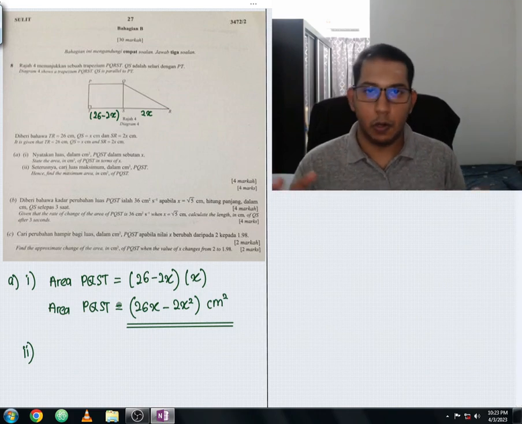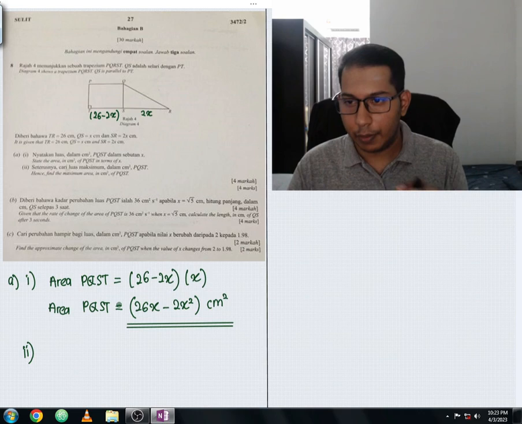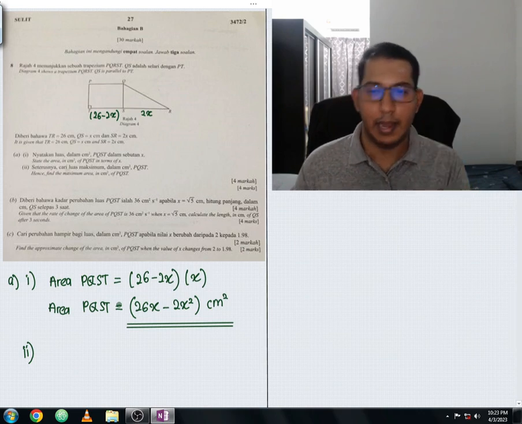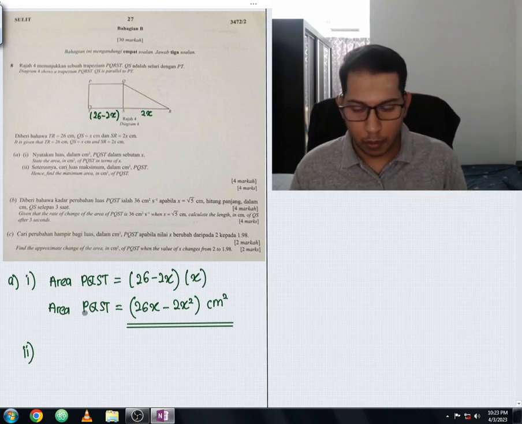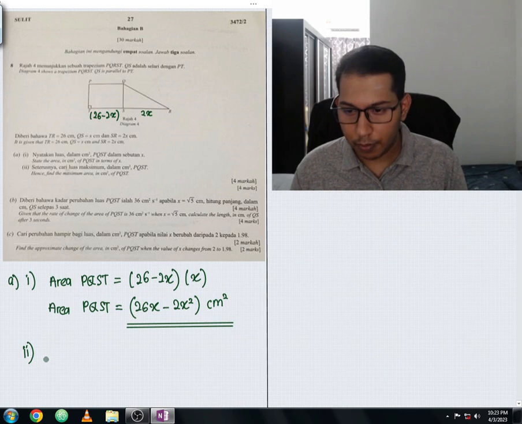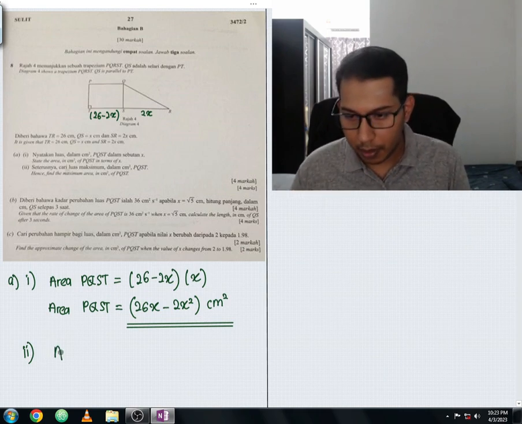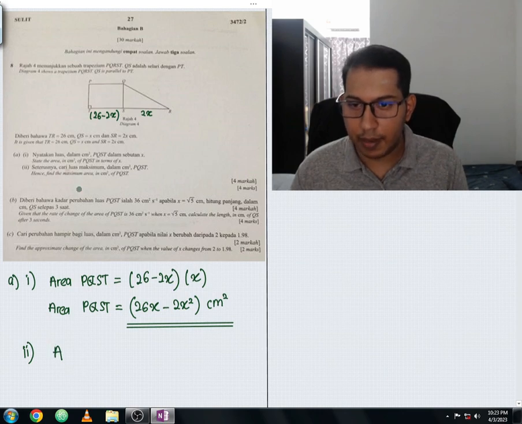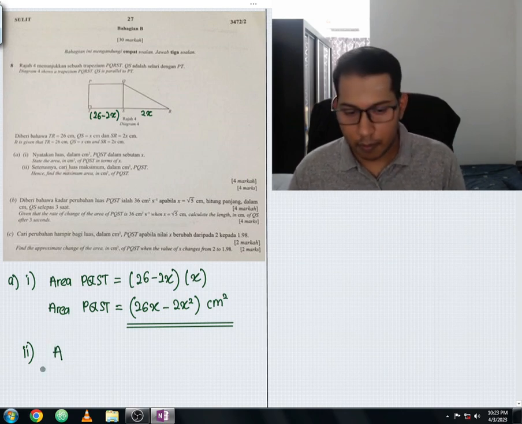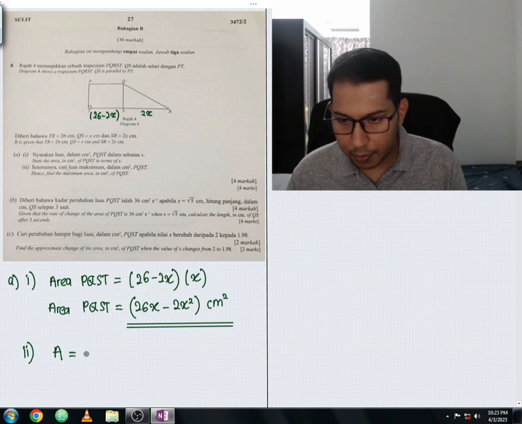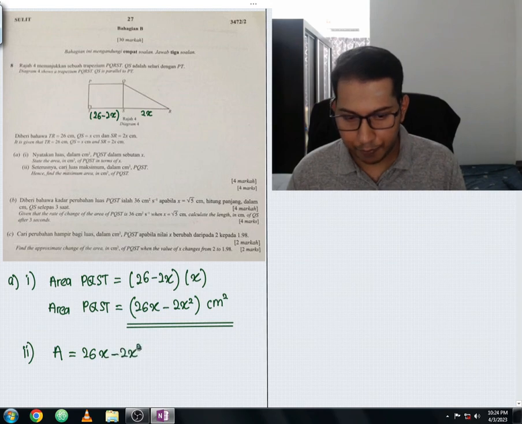Okay, so this is the overall idea on how we're going to solve for the question A part 2. So let us start the working together. Okay, so from here, I'm just going to write the area as A. It is understood that we are finding the area for PQST. So from here A is equals to 26x minus 2x square.